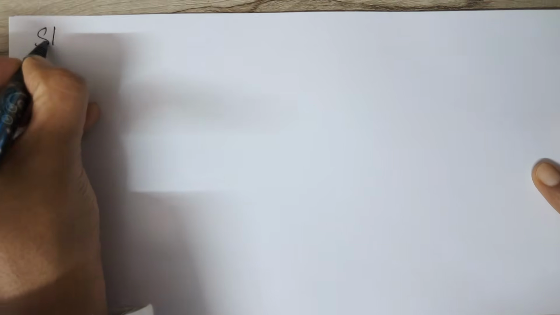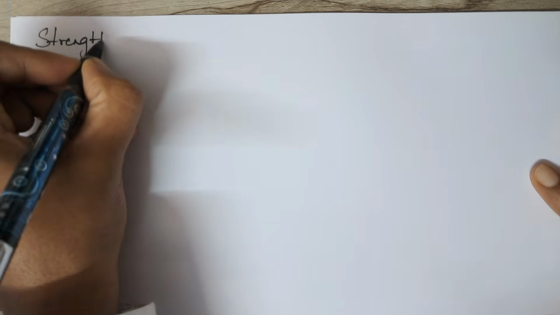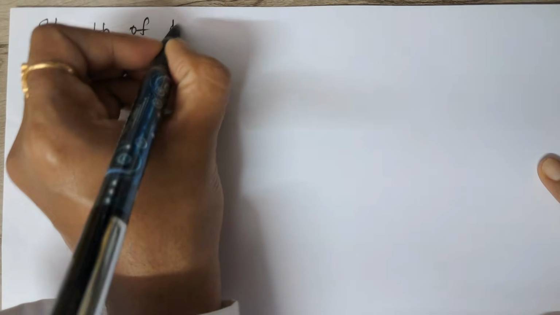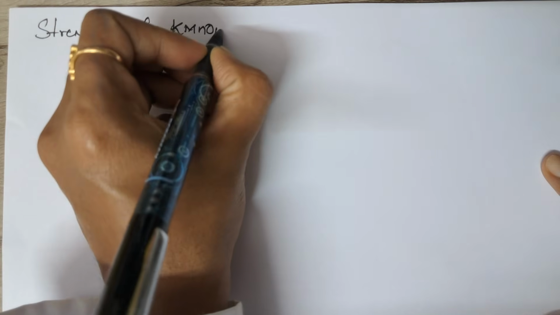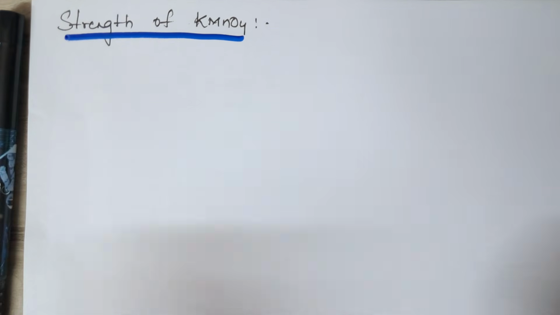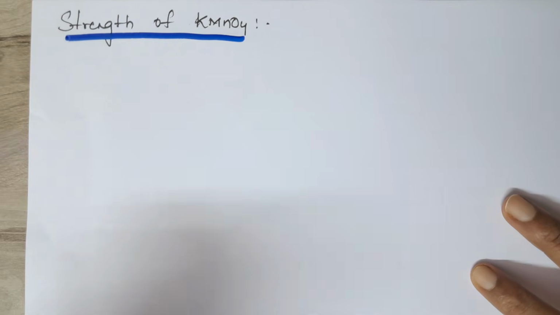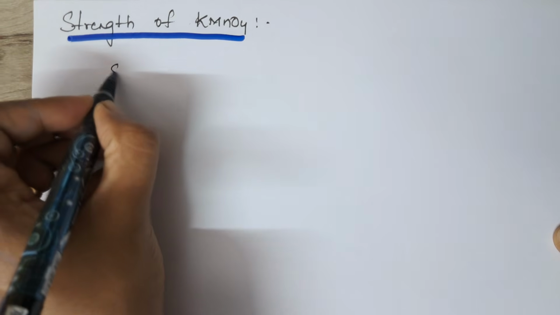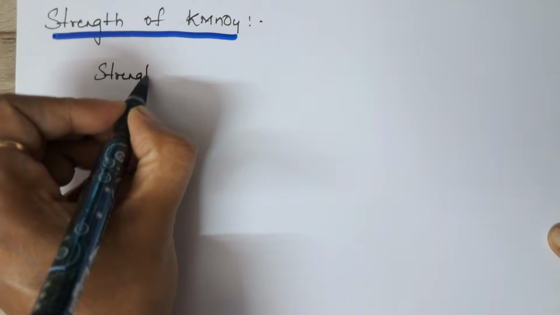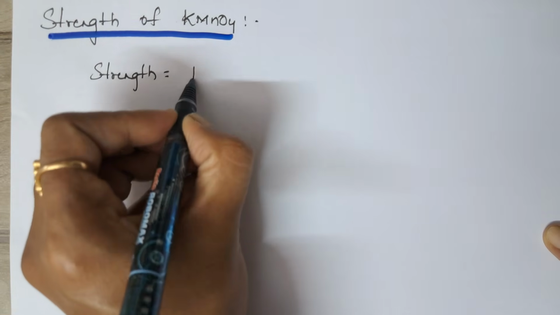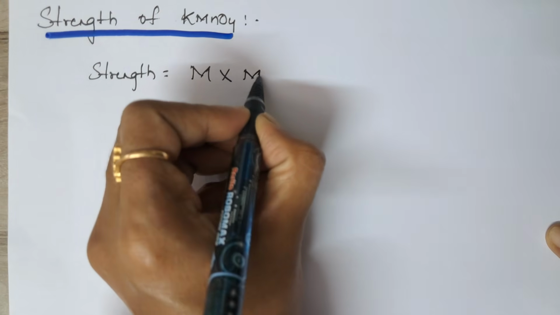Then next, you have to find the strength of the solution. How do you find the strength of the KMnO4? In a titration, we find the unknown solution concentration using a known solution. Our known solution is oxalate ions and our unknown is KMnO4. Strength is equal to molarity into molar mass.